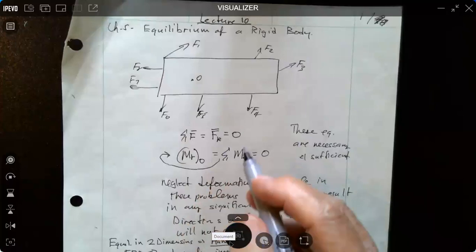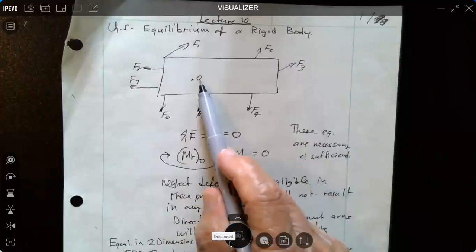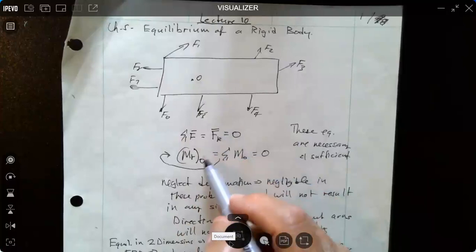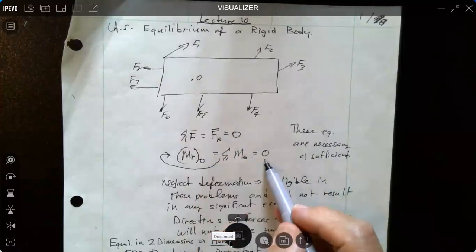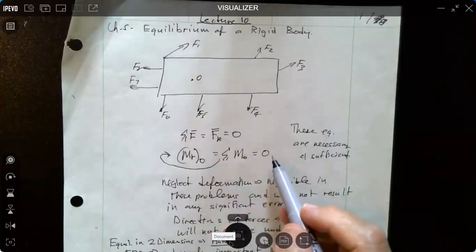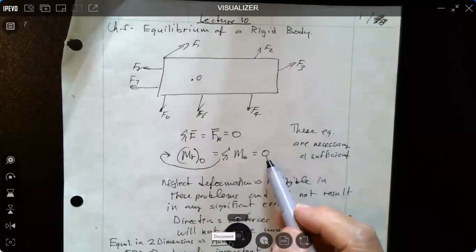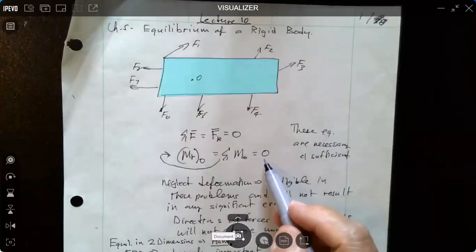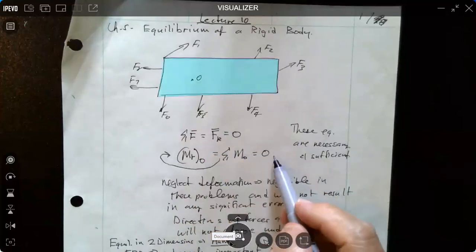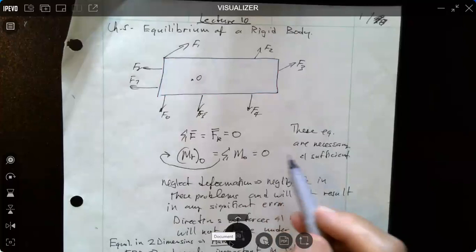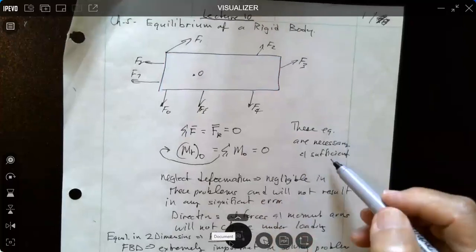We sum moments about this point O, which gives us the moment resultant about that point O, which means that it must be equal to 0. So basically, the sum of forces equals 0, and the sum of the moments about any point in your structure equals 0. These equations are what we call necessary and sufficient.